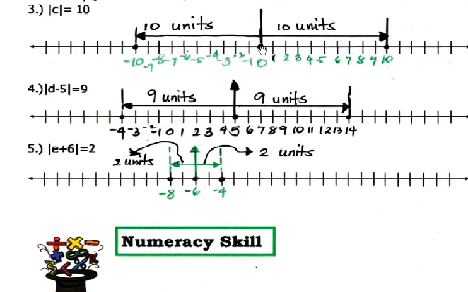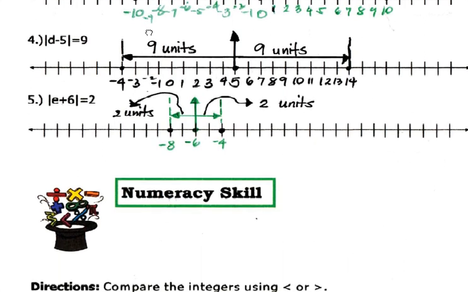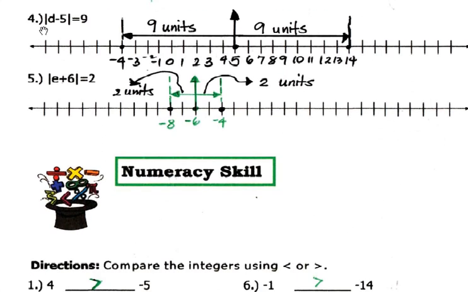Here, we fix the point at 0. Then you go to the right 10 units, and you will end up with positive 10. From 0, going to the left 10 units, the end point here is negative 10. For number 4, absolute value of D minus 5 equals 9.